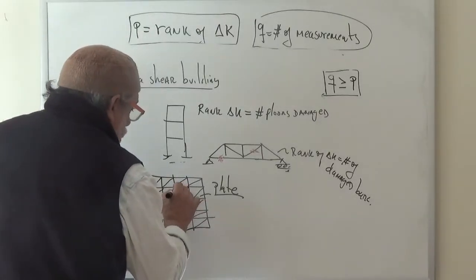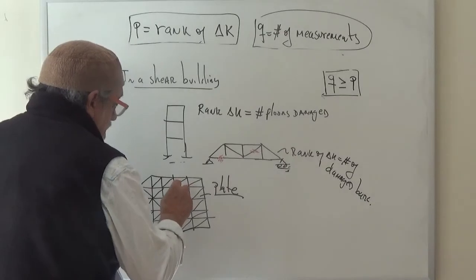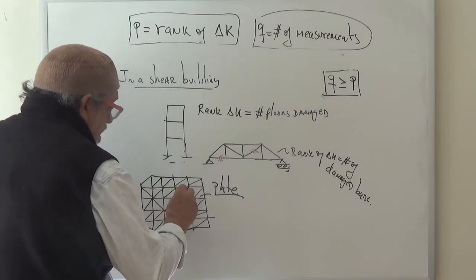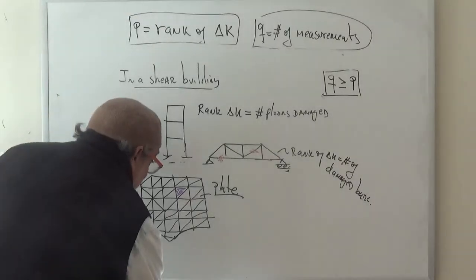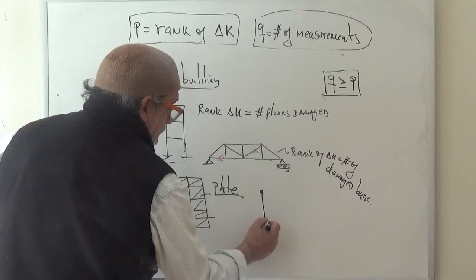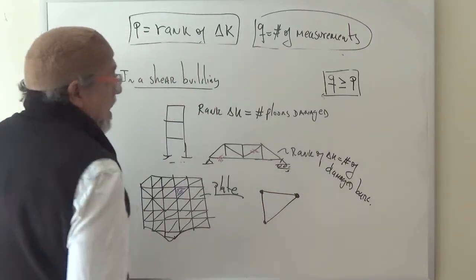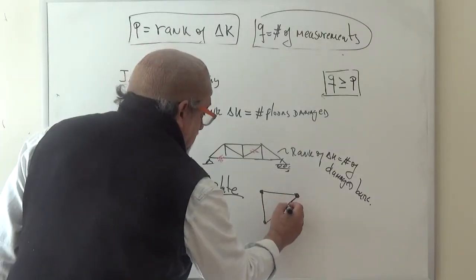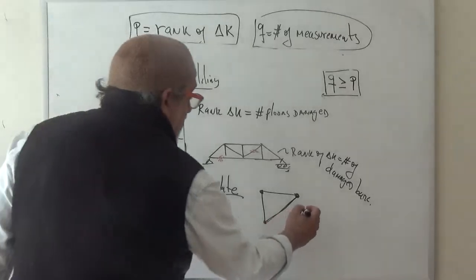If you now look at one of them, let's say this finite element, let's say that the damage took place on that element. Then if you look at that element by itself, how many degrees of freedom does that finite element have?